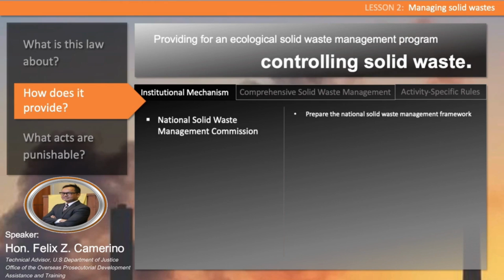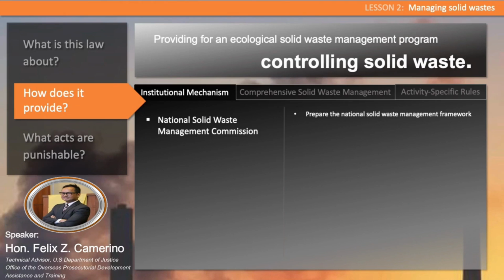Okay, so in this area of preparing the National Solid Waste Management Framework, they also play into approving the waste management plans that are created by the local executives. Okay, they also have a responsibility of not just reviewing, but probably more importantly, monitoring the implementation of these local solid waste management plans by local executives.